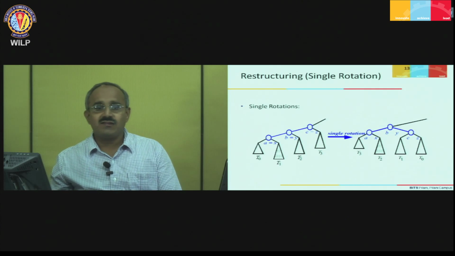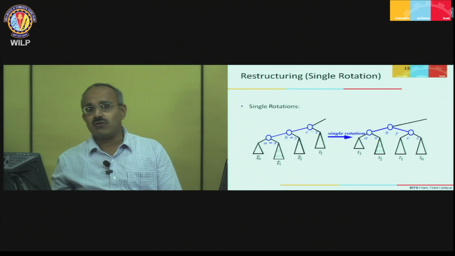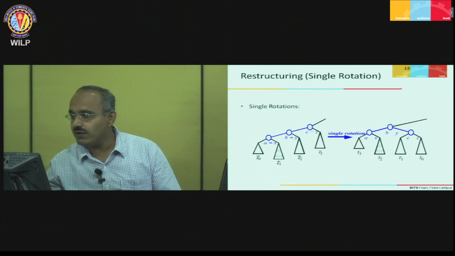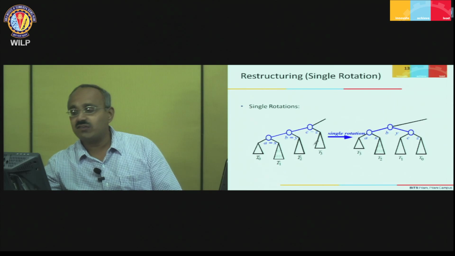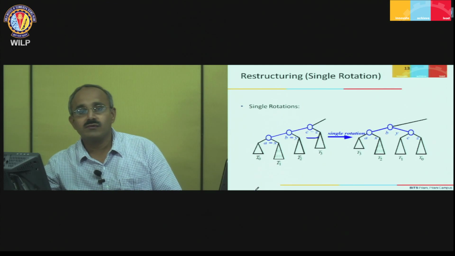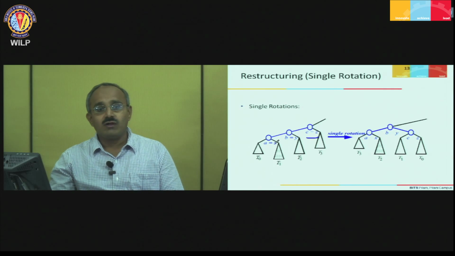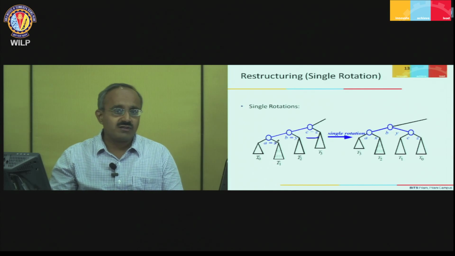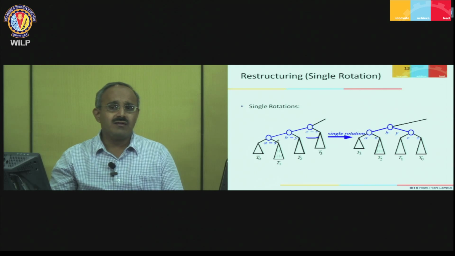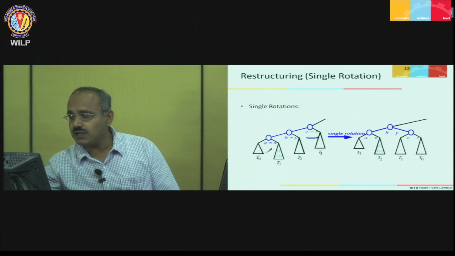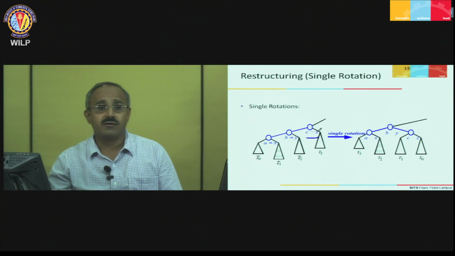The second case is sort of the symmetric part of the first case, in which you have the tree skewed on the left hand side. So, again height imbalance is at Z and you have Y and X. Now, we want in-order traversal. Remember, in-order traversal is first left child, then root and then right child. So, in this case the first left child is going to be A. So, A is going to be here, B is going to be here and C is going to be here, right.